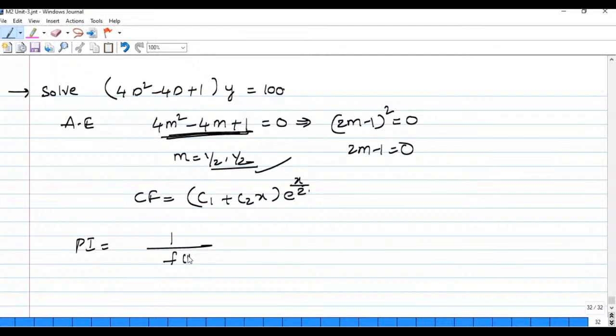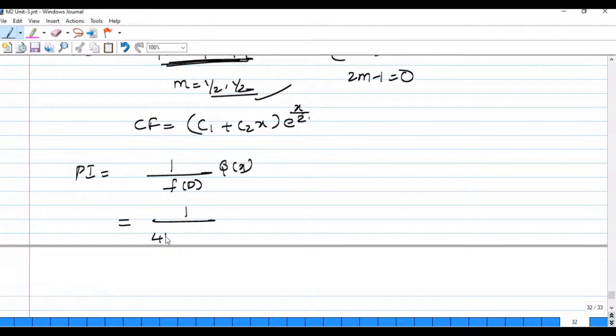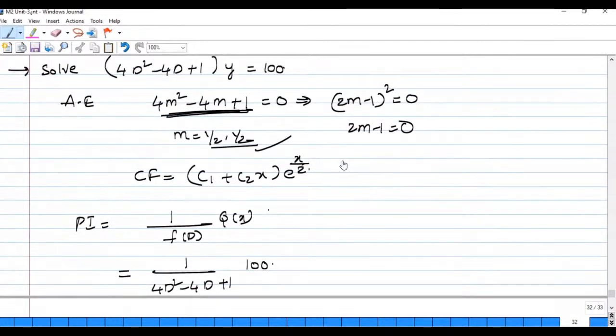1 by f of D into Q of x. So it is 1 by 4D square minus 4D plus 1 into 100. But we know the method only for e power ax, right?